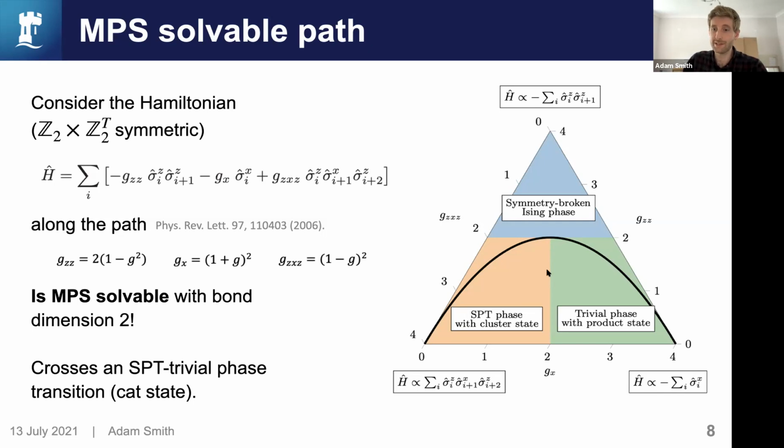How can we go across the phase transition if we have a fixed bond dimension? And actually this point sits at the intersection of two critical lines and is itself not actually critical. And so at this point, we actually just get a cat state, which can be represented by this bond dimension 2.